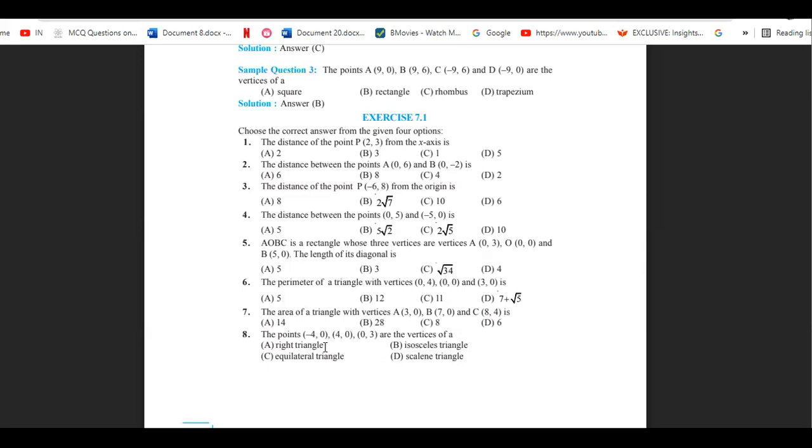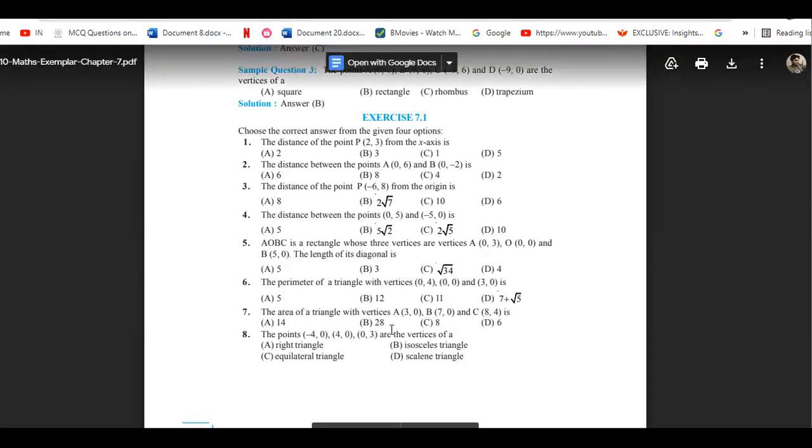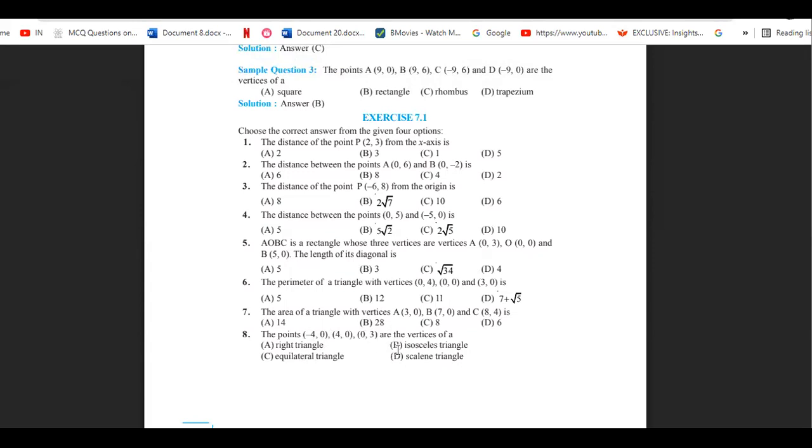Find whether it is a right triangle. Okay, so you have to calculate the 3 distances. If all the 3 distances are equal, that means it is an equilateral triangle. If any 2 distances are equal, it means it is an isosceles triangle. If all the distances are different, then it's a scalene triangle.